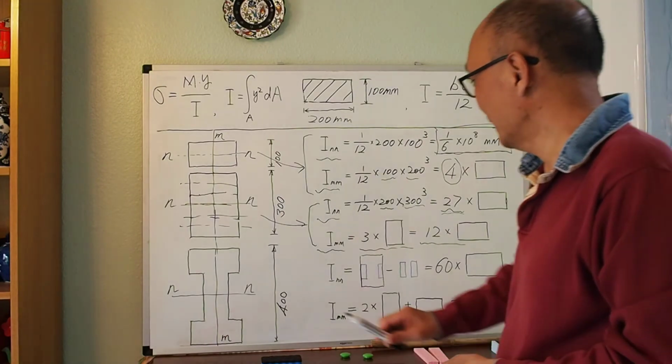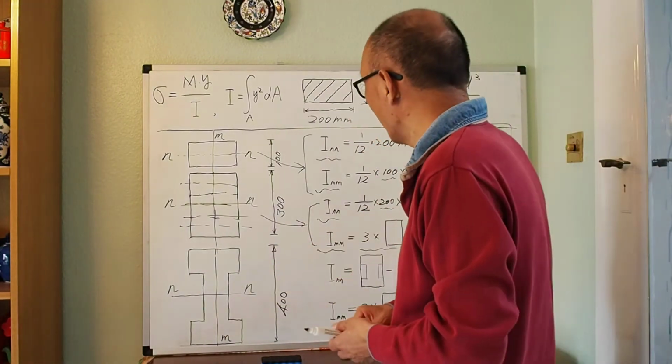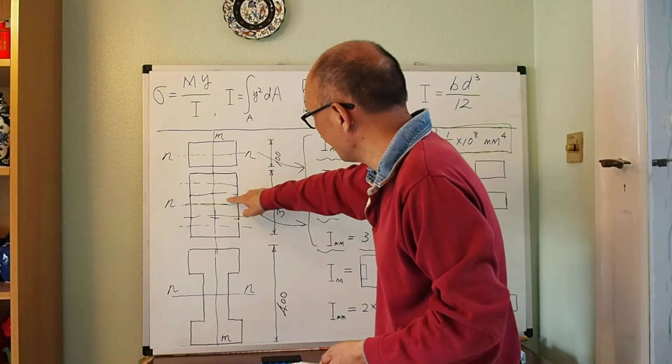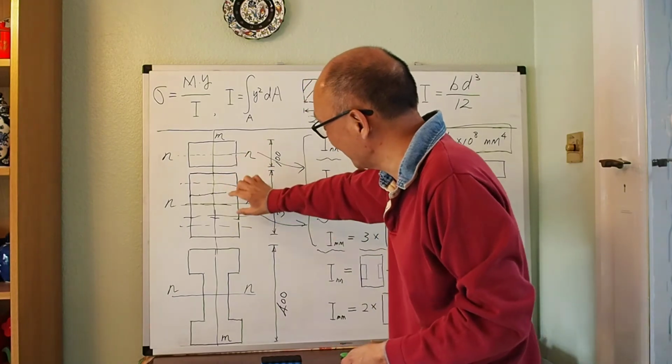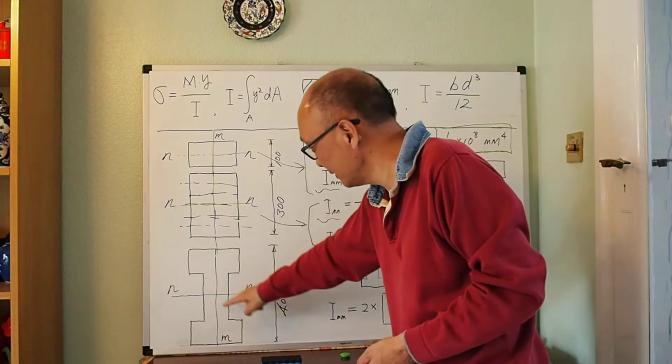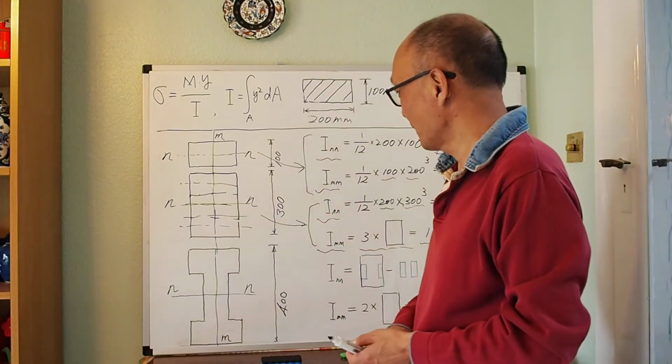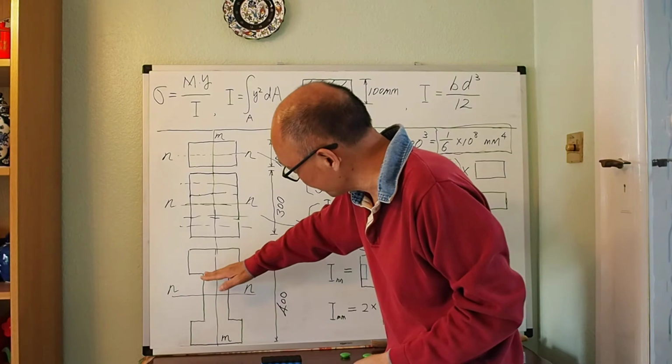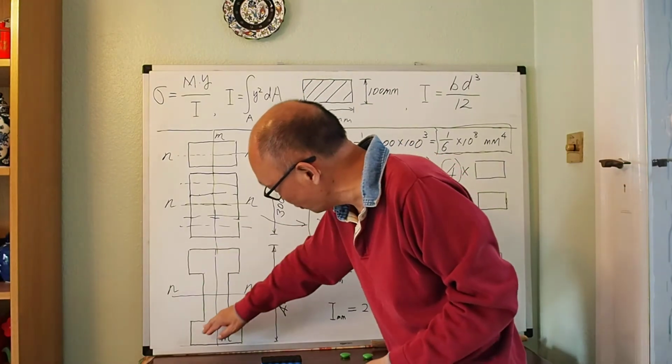Now let's look at the third case. And what I've done is I use three of these, but again, I made an I section. Yeah, I made an I section. So again, it's not separate sections. So this is the whole solid section.